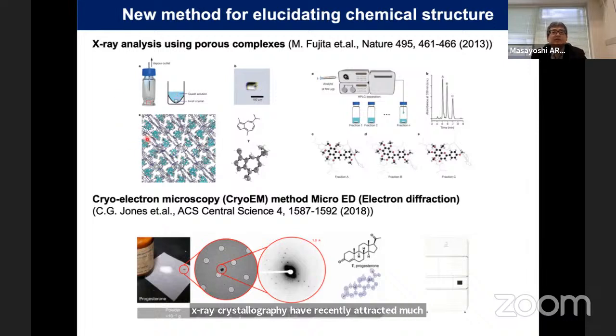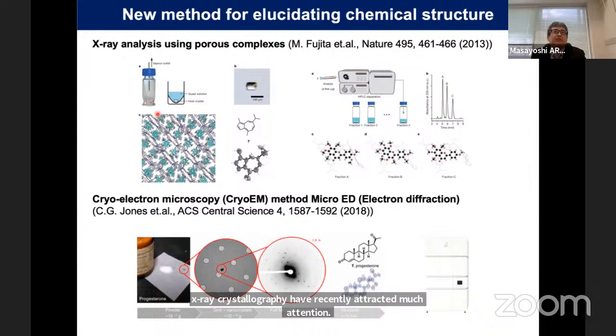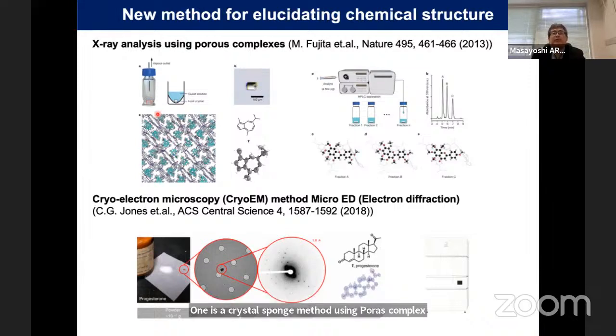One is the crystal sponge method using a porous complex developed by Professor Fujita at the University of Tokyo. This is a method of X-ray crystallography after introducing the compound, even in oil form, into the porous complex, and it's possible to determine the structure of the compound. They have also successfully determined a few micrograms of compound separated by HPLC.